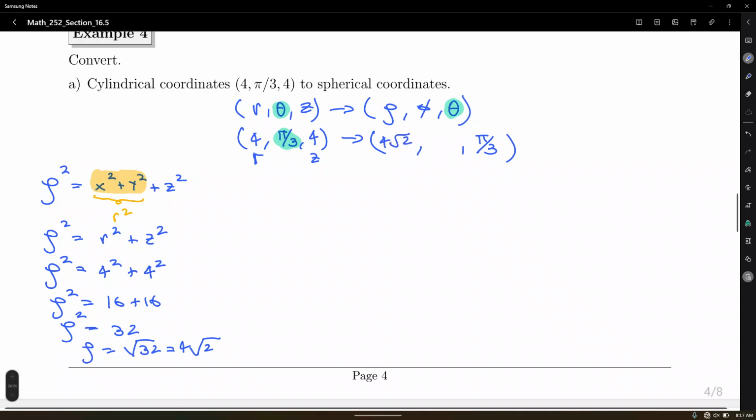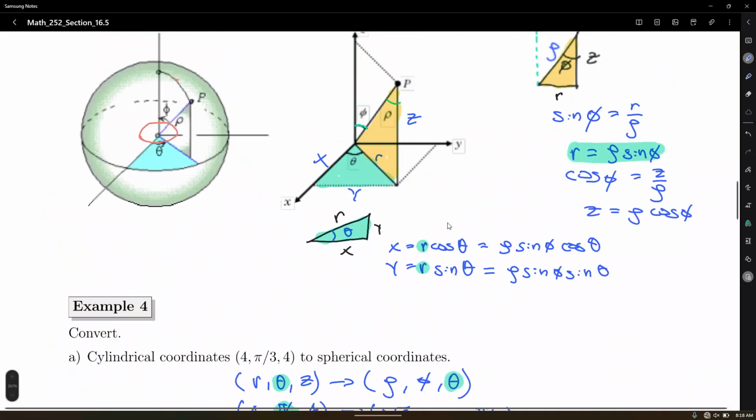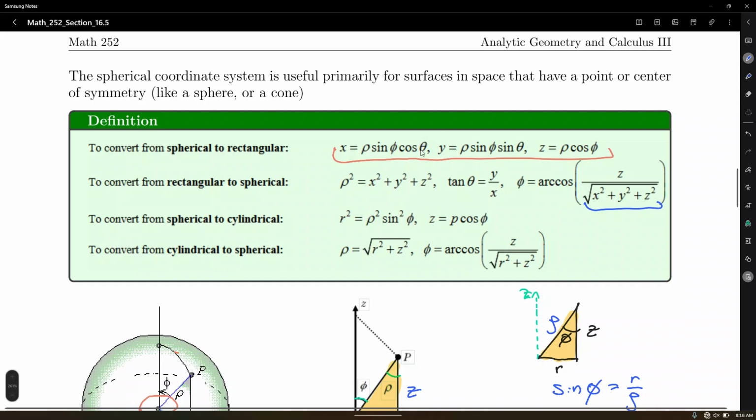Now we need to find the drop-down angle, the azimuthal angle, the phi angle. How are we going to go about that? Well, we have another relation because here we have a few of them. However, these may have too many terms or too many factors.